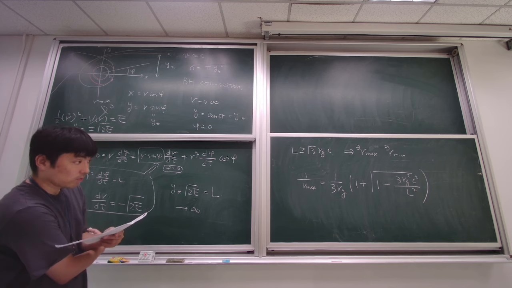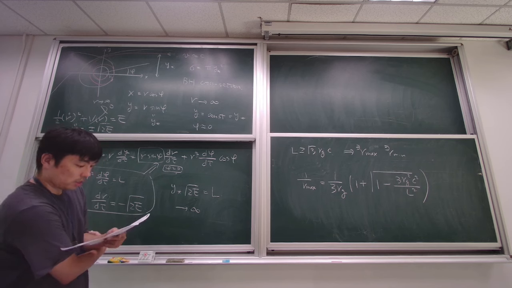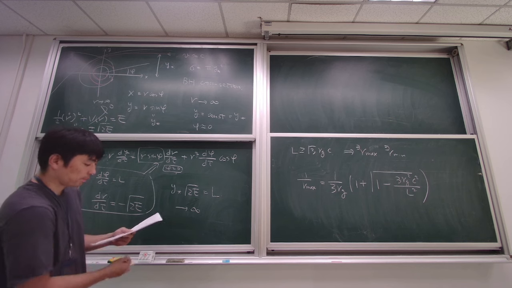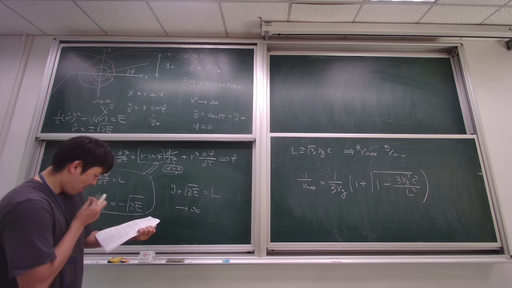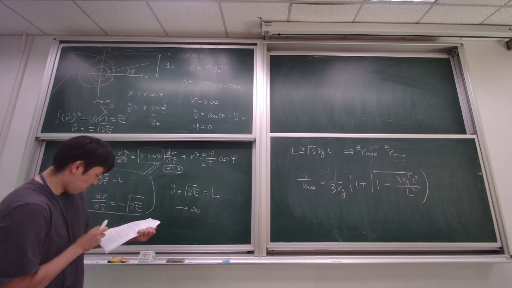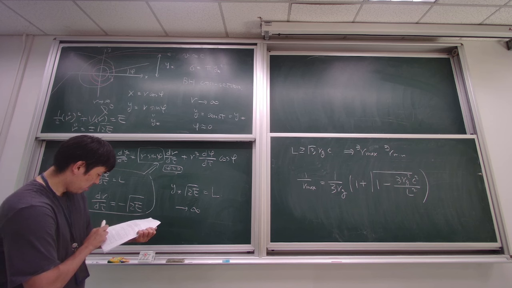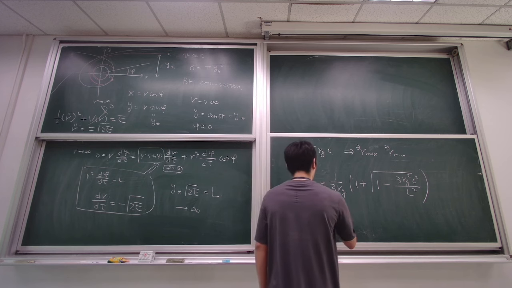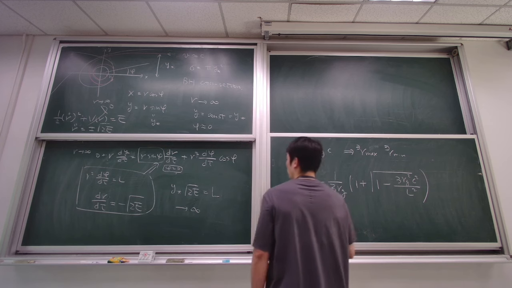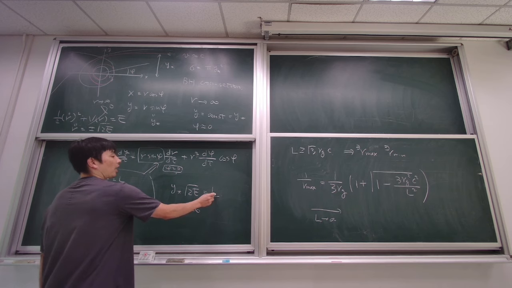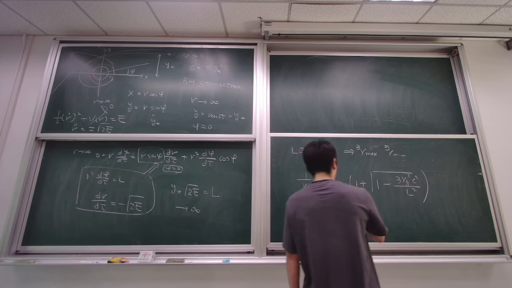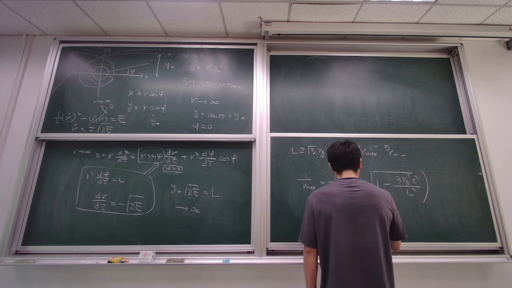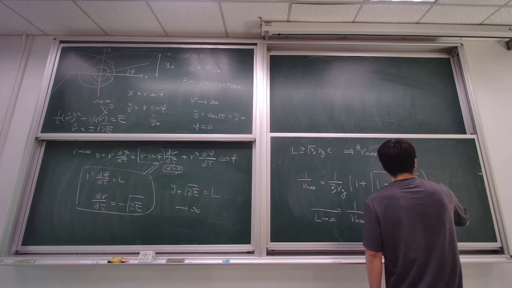Then what we are going to do is, when L goes to infinity, so we take the infinite energy limit, infinite angular momentum limit, this becomes 1 over R max, and this part is gone.